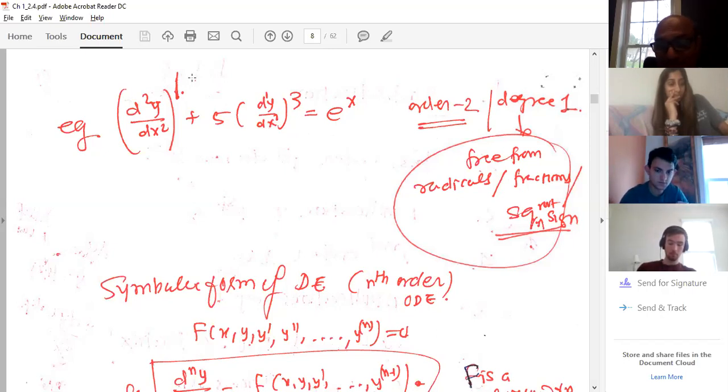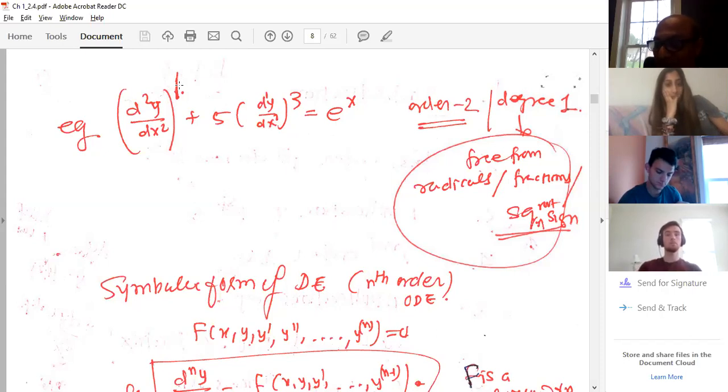Okay, so that's what we mean by the degree and order of the differential equation. Whenever you write degree, make sure that your degree is free from radicals and fractions or square root signs. So it should not be like root 3, d square y over dx square to the power root 3, or 1 by 2, or 1.5.